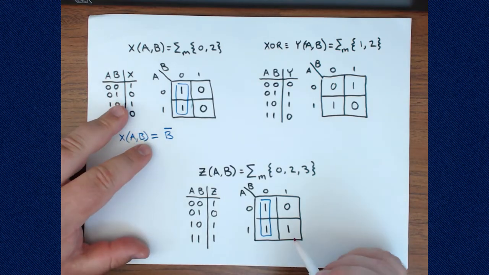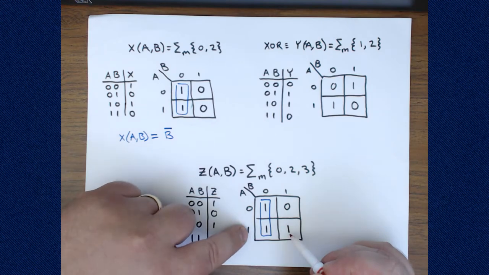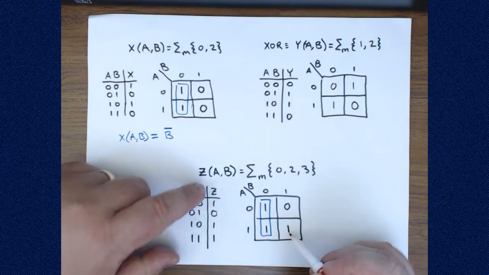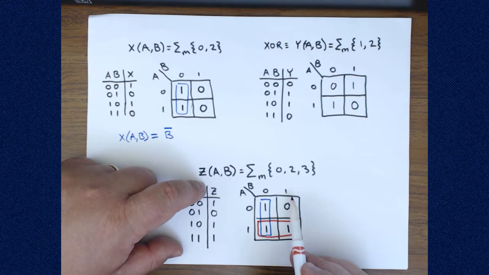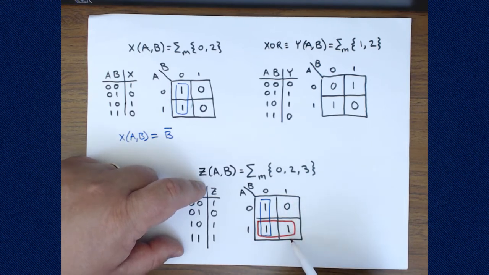The reason is, if we just picked this in a red loop, that's going to be when A is a 1 and B is a 1. But if we instead make that rectangle big, like this, now B is 0 or 1, which means B doesn't matter for this rectangle, and so we'll get a simpler product.